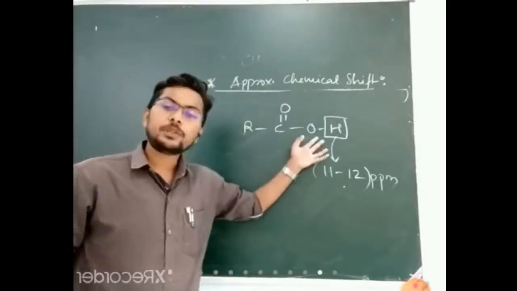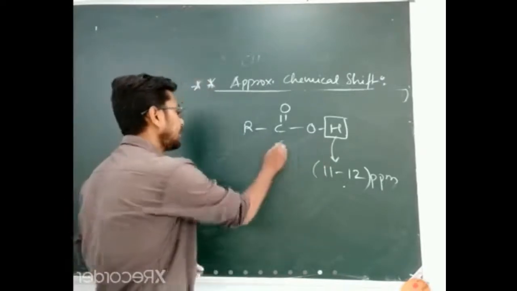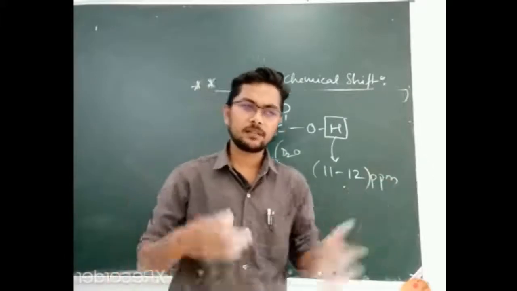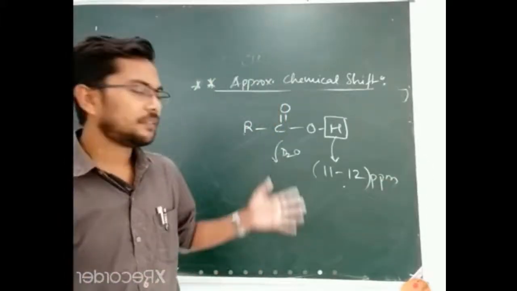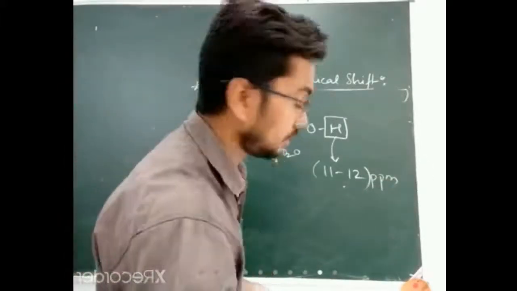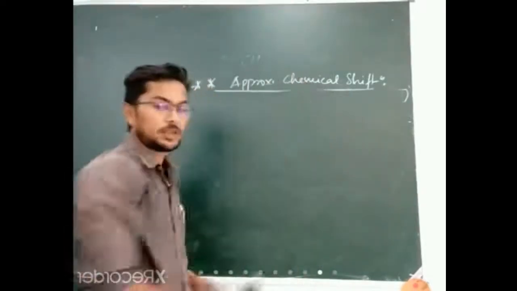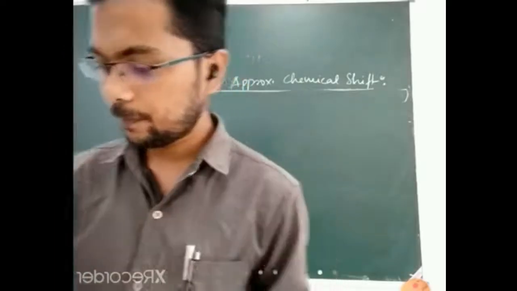Again here you can do deuterium exchange also. That means you add D2O, then this hydrogen will exchange, and the peak at 11 to 12 will disappear. Those kinds of experiments you can also do with your carboxylic group.